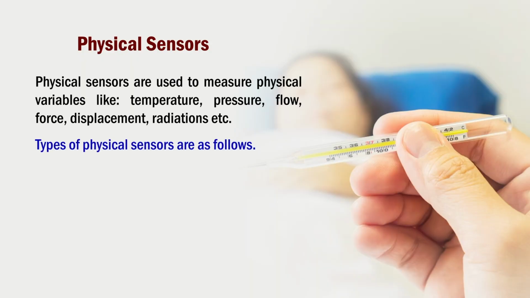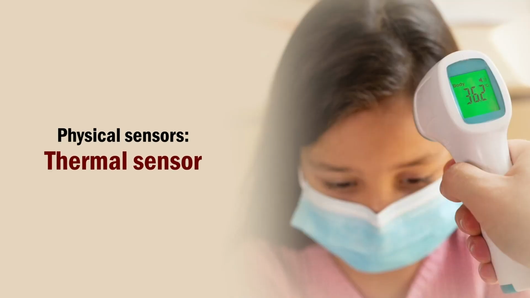The types of physical sensors that we will study in this section are thermal sensors. These sensors are used to measure body temperature. Examples of thermal sensors are the resistance temperature detector RTD, thermistors and IR infrared sensors that we will discuss in this section.